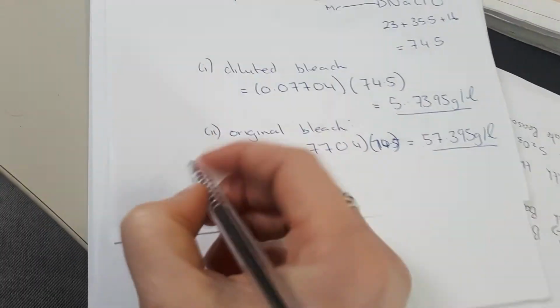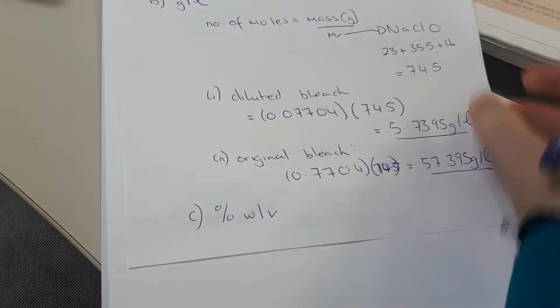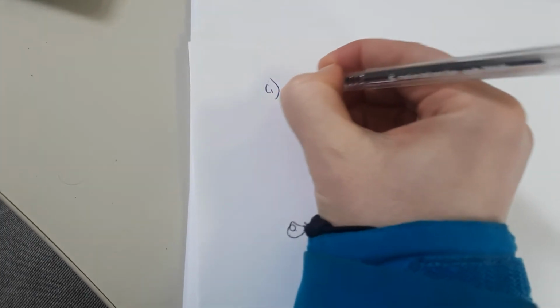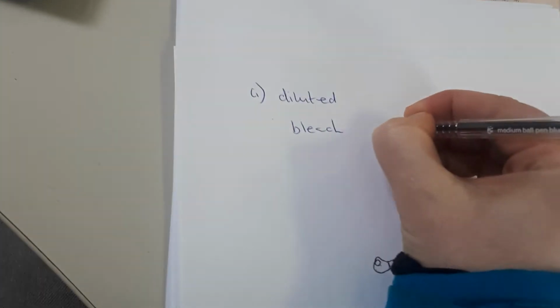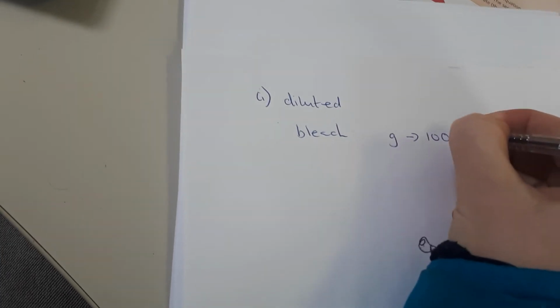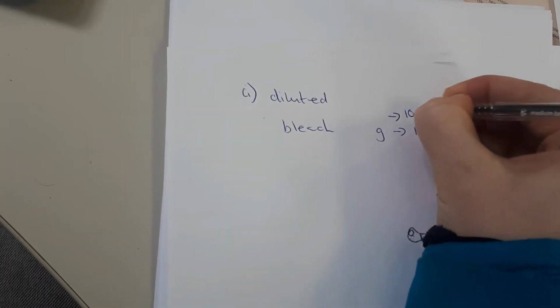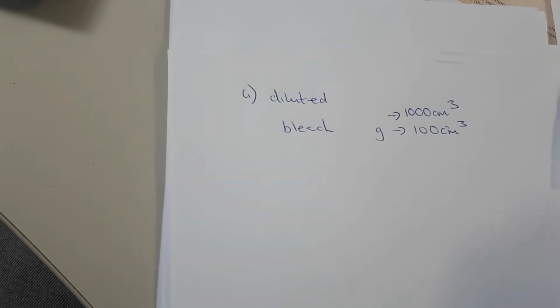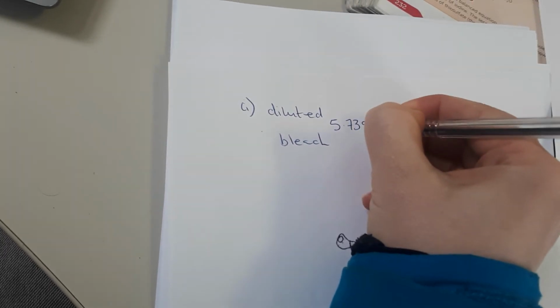And finally then, again, we're asked for it in percentage weight per volume. Okay, so percentage weight per volume means, so again we look here at my diluted bleach, means grams per 100 centimetres cubed. I have worked out it's grams in 1,000 centimetres cubed for my diluted bleach is 5.7395.